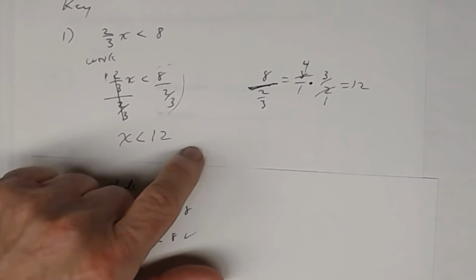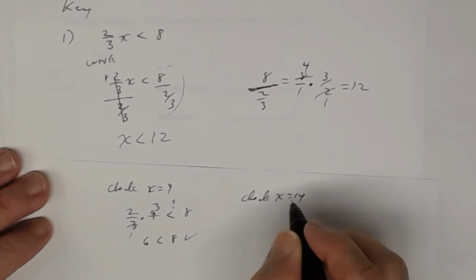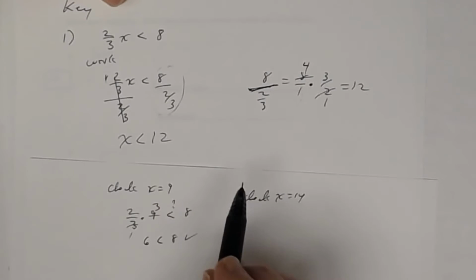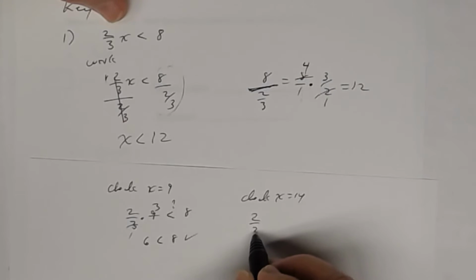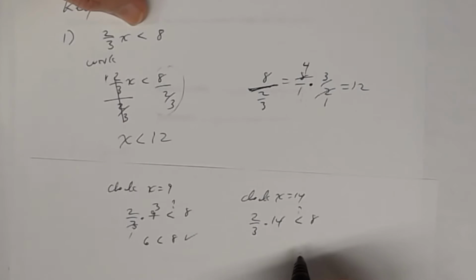All right? And notice that 14 is not in here, so let's see why. Let's just check x equals 14. 14 better not be a solution because it's not in here. So I get 2/3 times 14, and we'll see if that's less than 8. Well, 2 times 14 is 28, so I get 28 divided by 3.